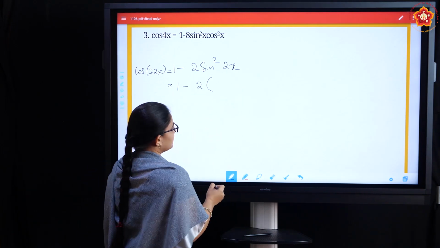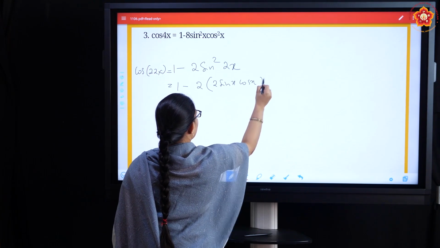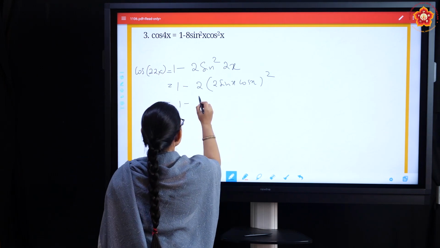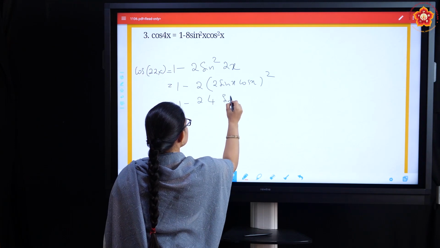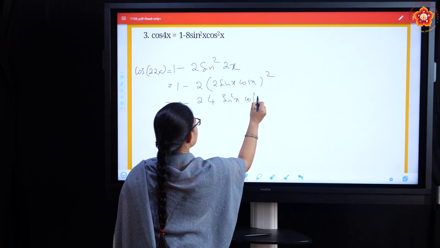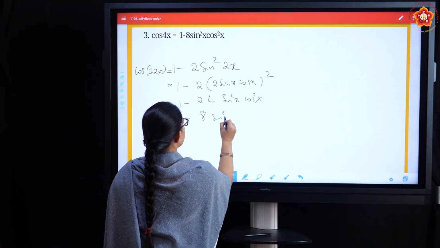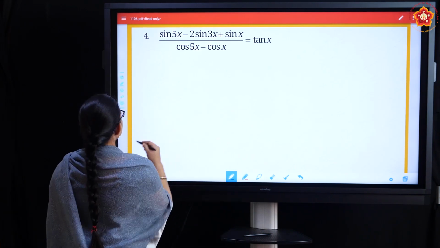Sin 2x is nothing but 2 sin x cos x whole square, so that is 1 minus 2 into 4 sin square x cos square x, that is 1 minus 8 sin square x cos square x. We have the last problem of the assignment.